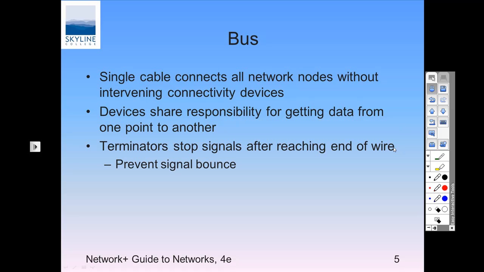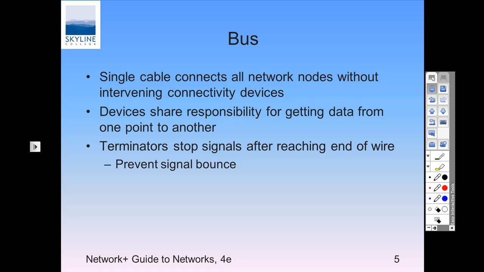Terminator: stop the signals after reaching the end of the wire, prevent signal bounce. A terminator is simply a resistor that goes at each end, and it's really obvious on the coax, on the true bus itself, because it's an actual physical resistor that goes there that absorbs the signal. If we didn't do that, then you can get corruption.